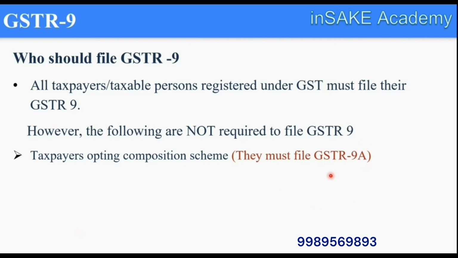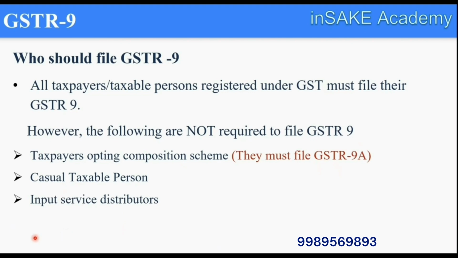And the casual taxable person, who takes registration for a temporary period for one project, will file the returns for each set of 2-3 months, and then cancel the registration.